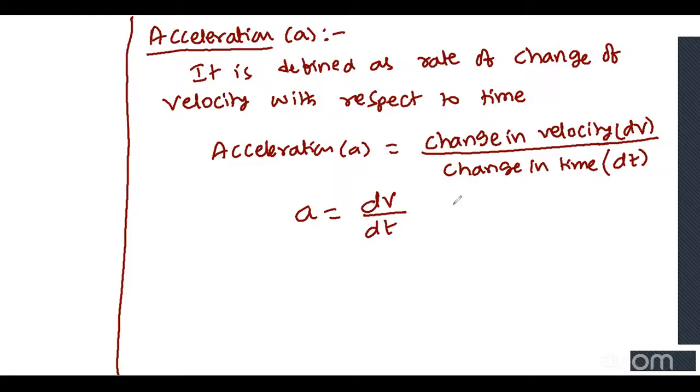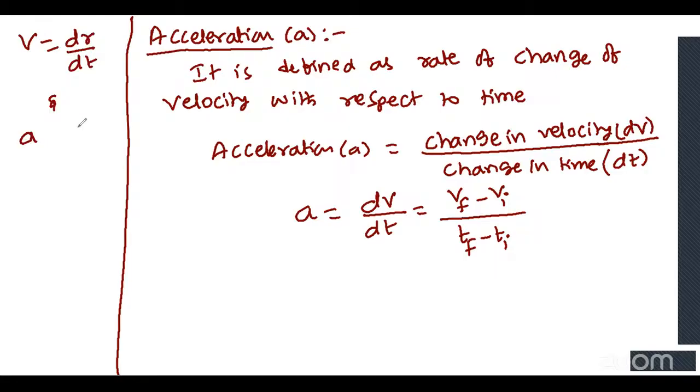Change in velocity means final velocity minus initial velocity, right? Same as before, velocity we wrote as dr by dt, and acceleration we wrote as dv by dt.